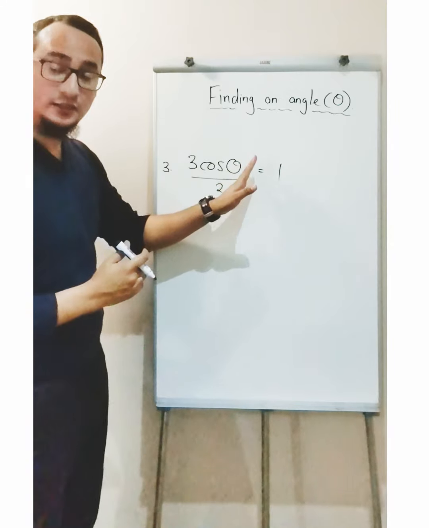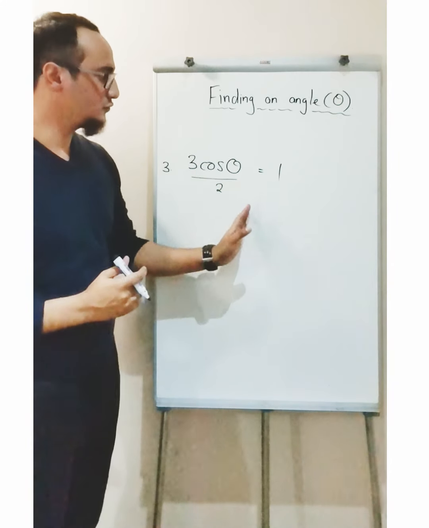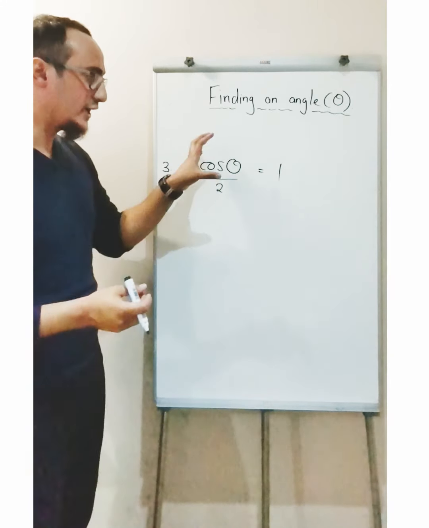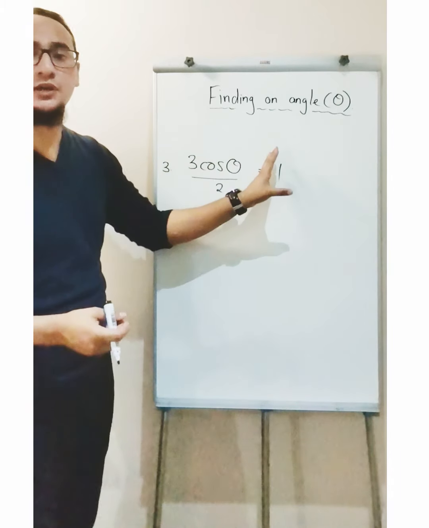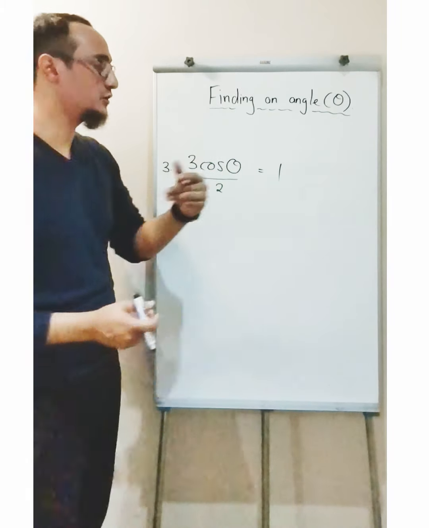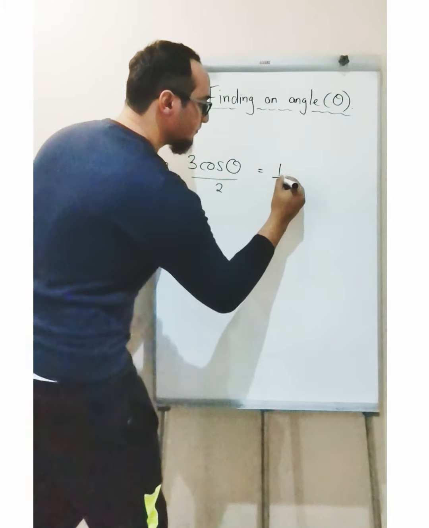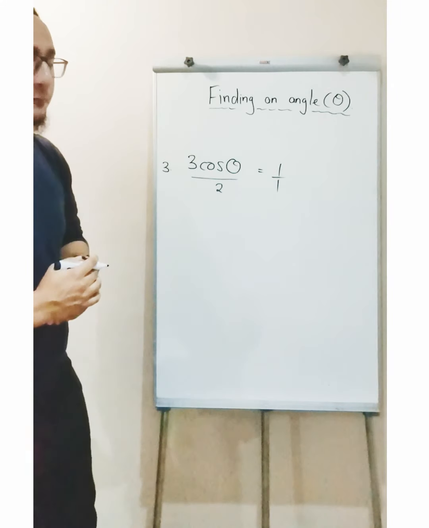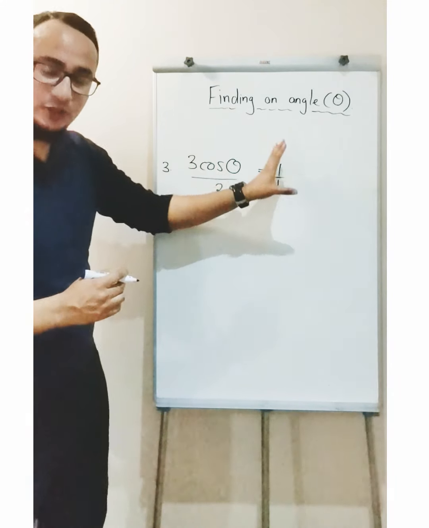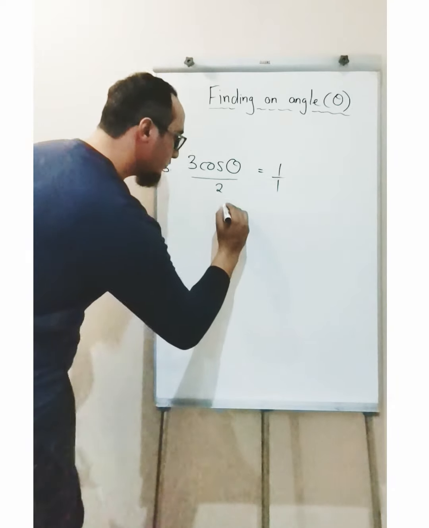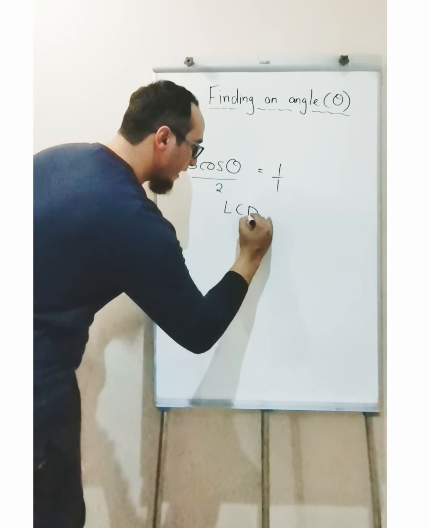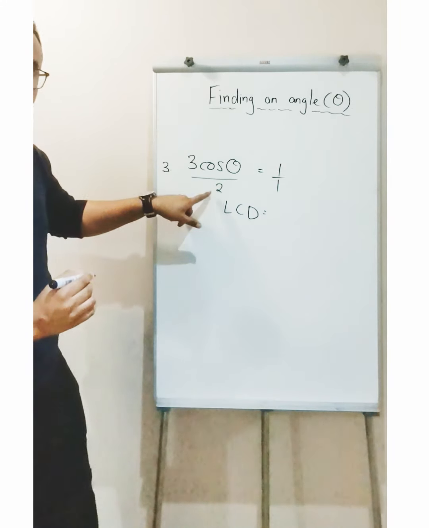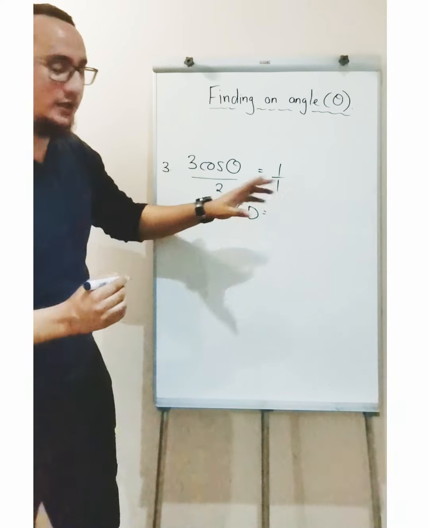3 cos theta divided by 2 is equal to 1. So what I have over here is a fraction equal to a whole number. What do I do to the whole number? I put it as a fraction. So from here, a fraction equal to a fraction. Now I do what is known as the LCD. What's the LCD of 2 and 1?